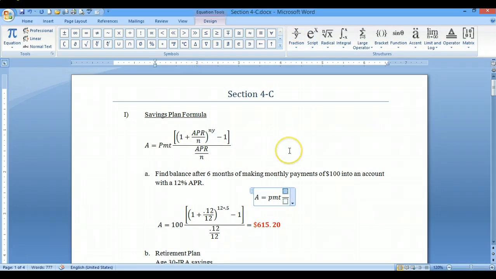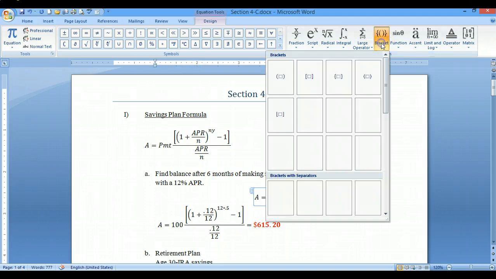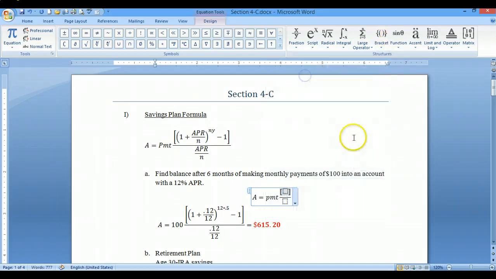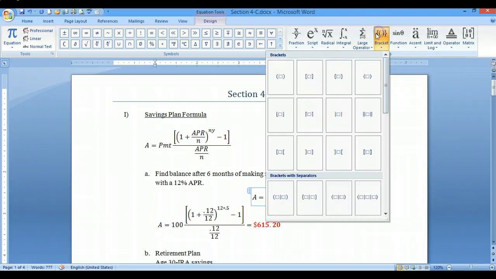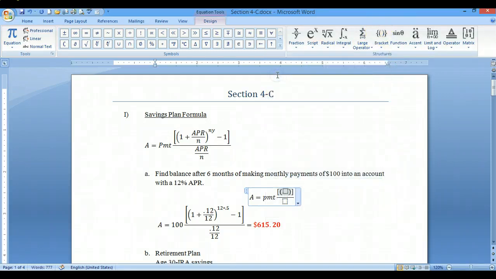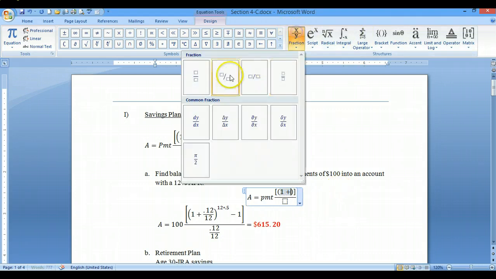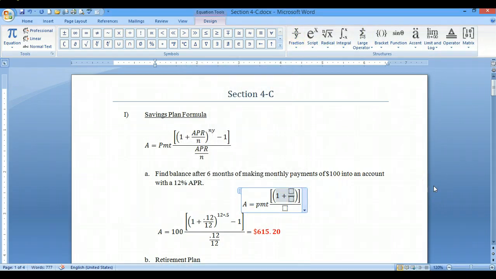Then I'm going to go up to the top and give myself some brackets, and I'm going to use my straight brackets, and then inside again I'm going to do parentheses, and that will be in here 1 plus another set of fractions. Put that in there.